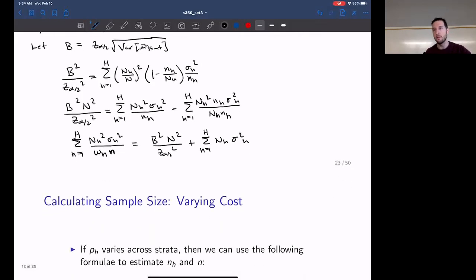Okay, so now we have a little n in the numerator here. So then we can say little n is equal to, and inside here, we're going to have B squared N squared divided by z alpha over 2 squared plus the sum from H equals 1 to capital H of N_H sigma squared_H.